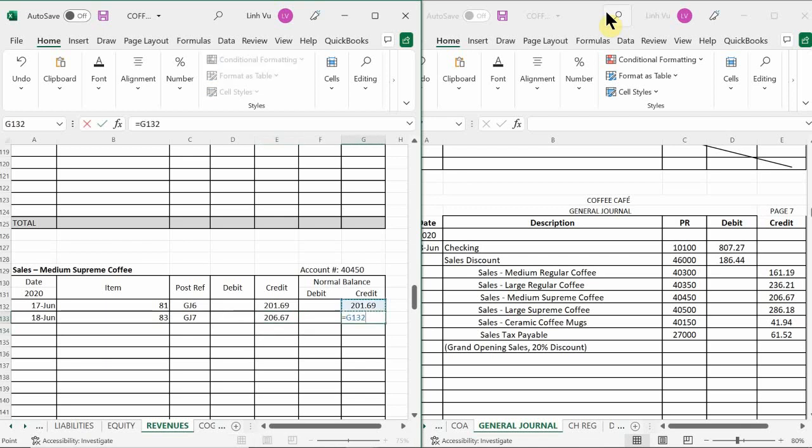Right, which will give me an ending balance to be 408.36. Okay.